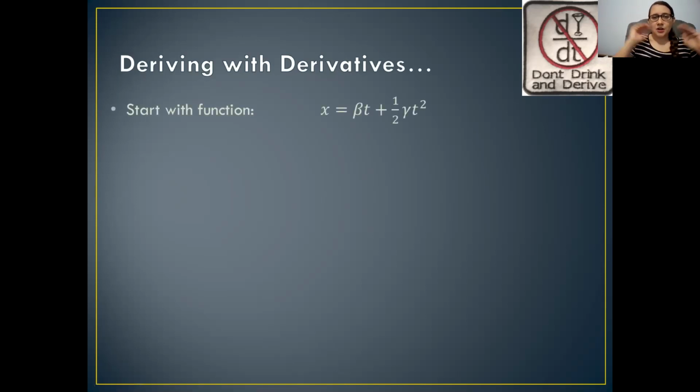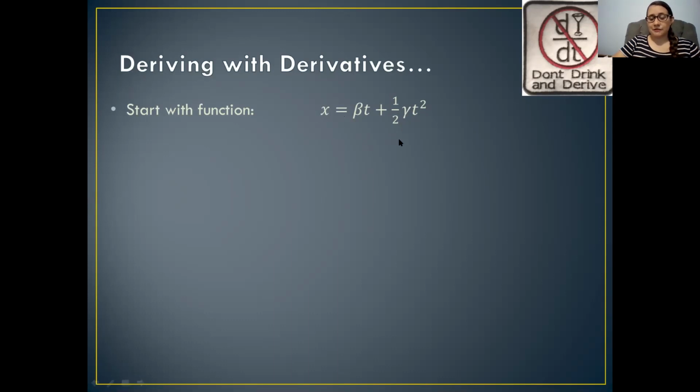Okay, so we're going to start here with this function, x equals, and we have 2 Greek letters in here, beta t plus 1/2 gamma t squared. Right now, those are just placeholders, and we'll figure out what beta and gamma mean as we go through this. But we're starting here with this position. Remember, x is position.